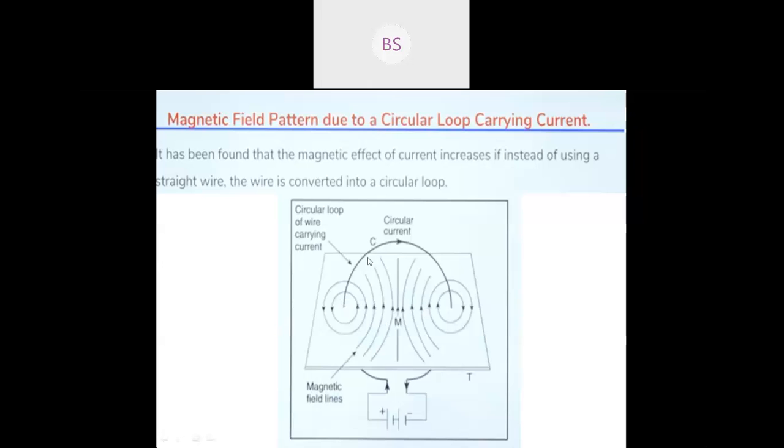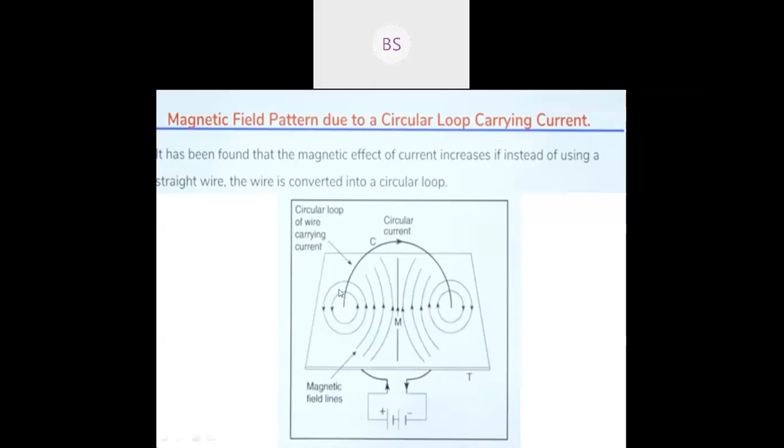The number of turns in the loop is also increased. If we take more turns of the wire in the loop, you can find the magnetic field is denser here, and that you can also find here.